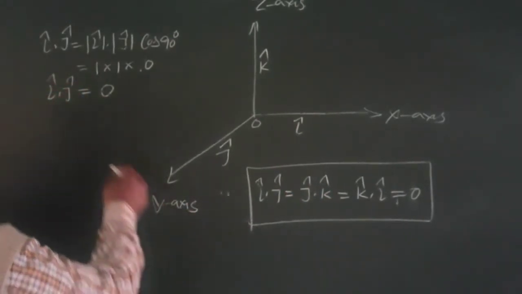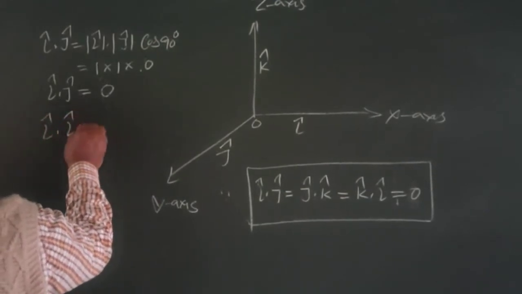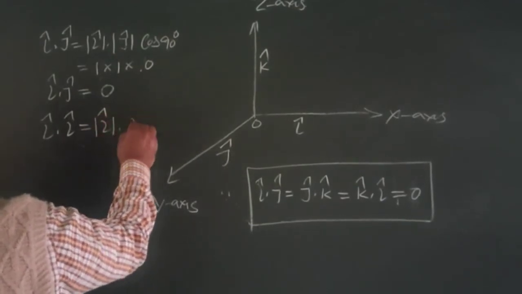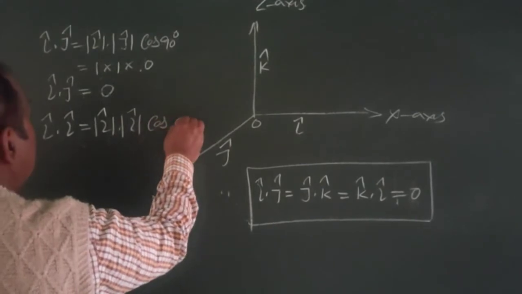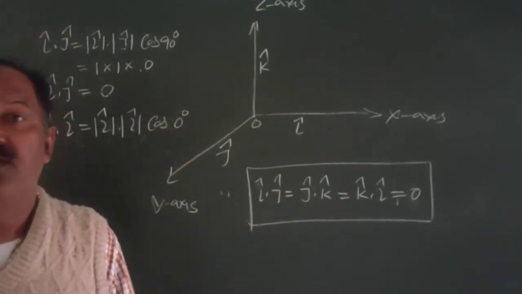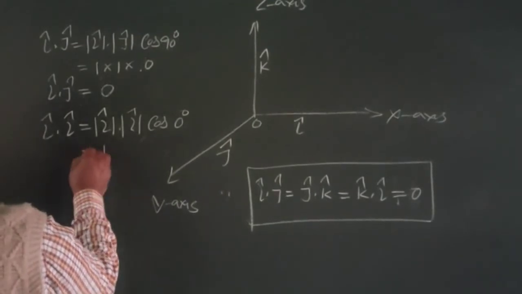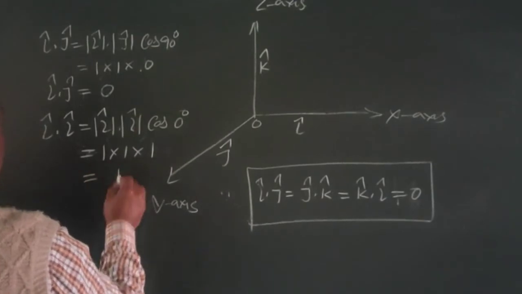And if we calculate i dot i, its value is the magnitude of i cap into the magnitude of i cap into cos of 0 degrees, and it becomes 1 into cos 0, which is 1, so that is equal to 1.